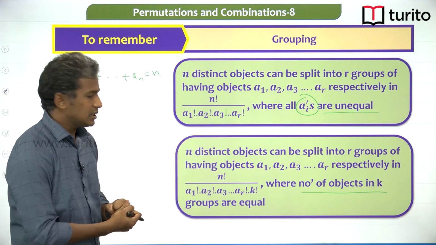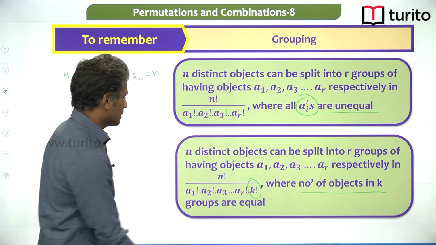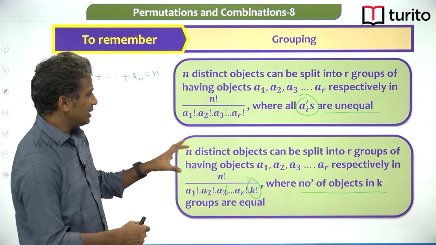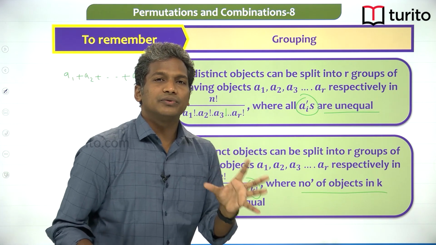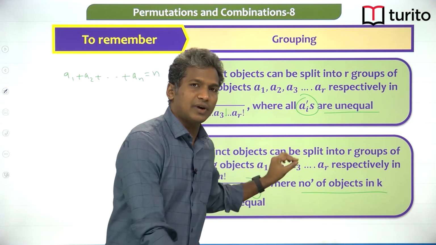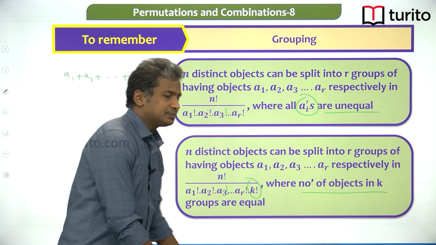Then that means there should be one extra k factorial in the denominator. So basically whenever the number of objects in the groups are same, we have to divide with that factorial.